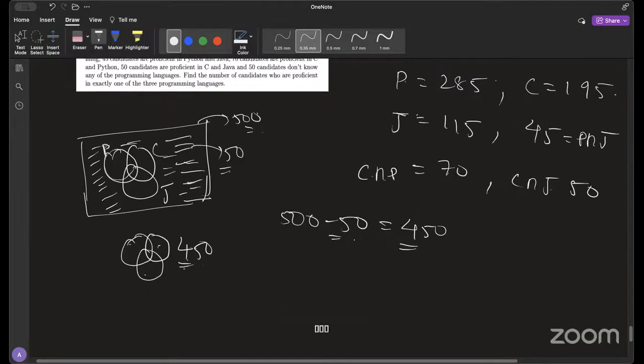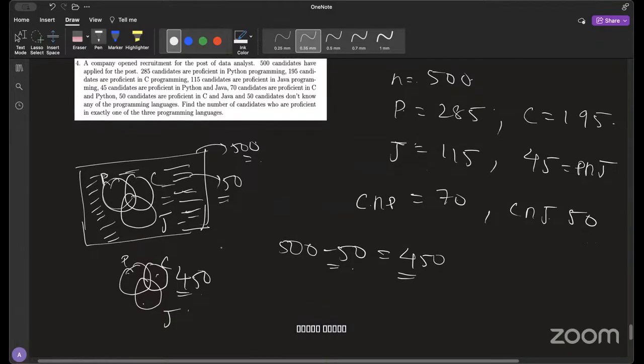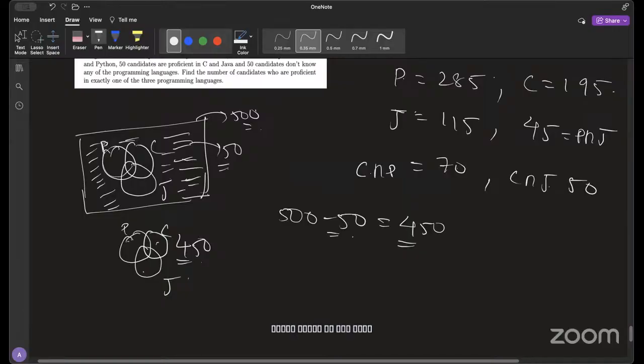These three taken together consist of 450 people. And you have to find the number of candidates who are proficient in exactly one of the three programming languages. So you have to find this thing. This is what you have to find.